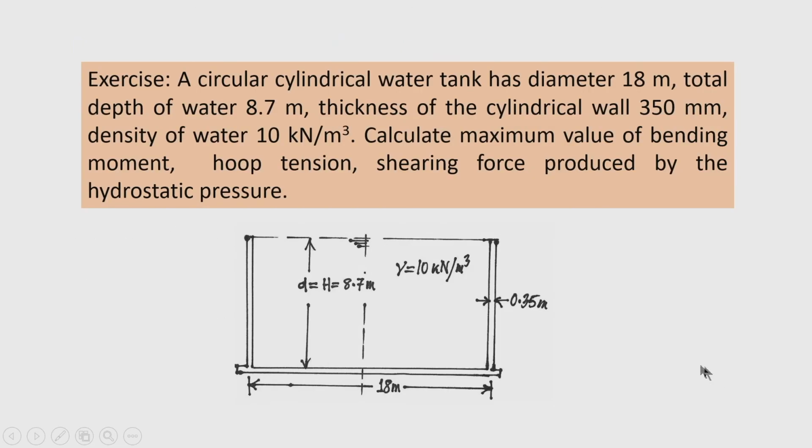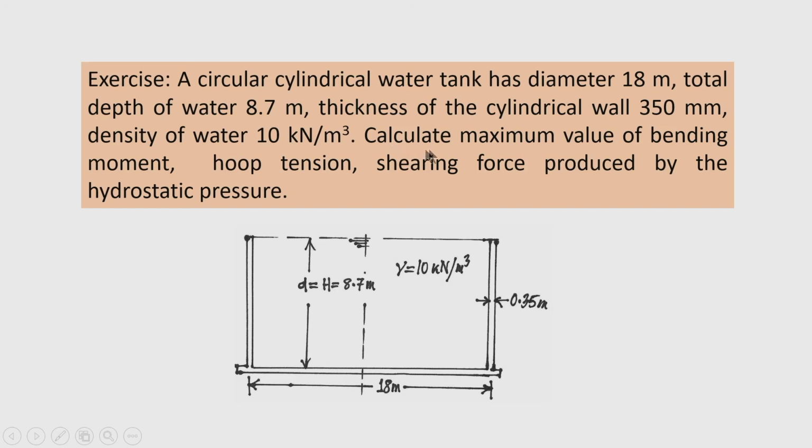Let us discuss a numerical problem. A circular cylindrical water tank has a diameter of 18 meter, total depth of water 8.7 meter, thickness of the cylindrical wall 350 millimeter, and density of water 10 kilonewton per meter cube.